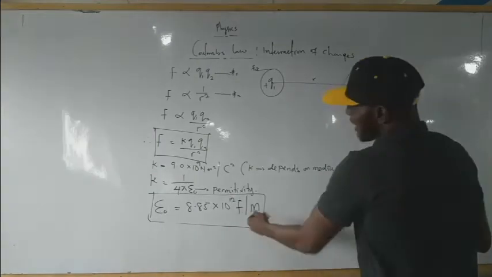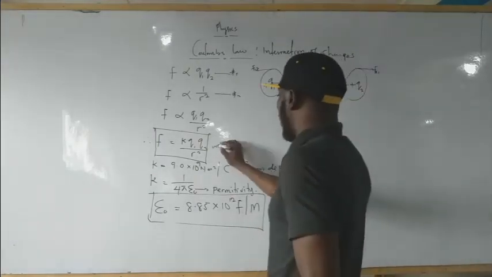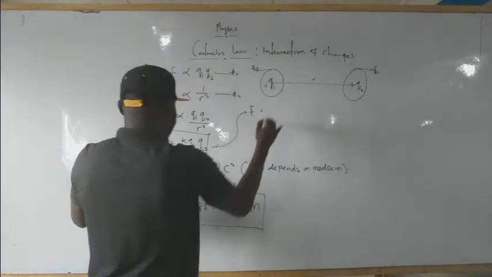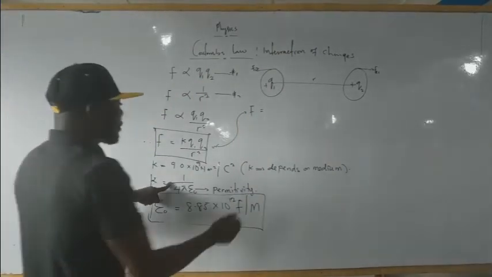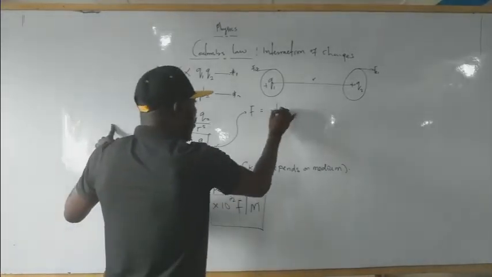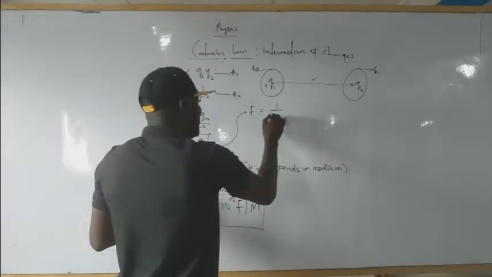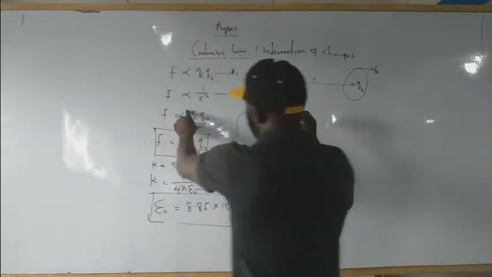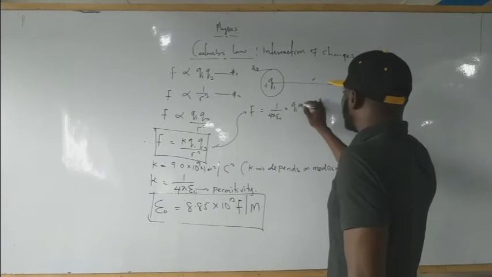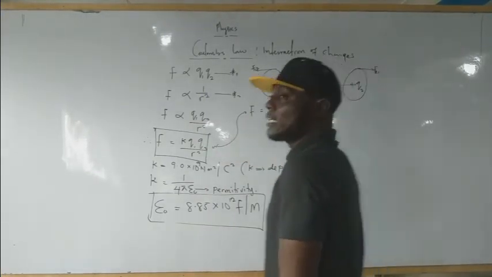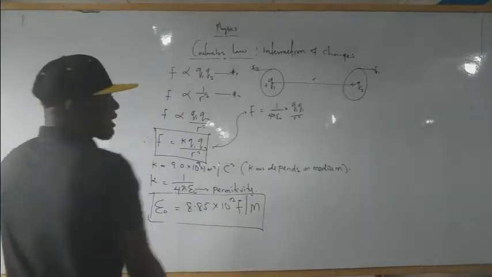Okay, so from here now, F equals K, so substitute in the value of K, so we can have 1 over 4 pi permittivity times the product of the two charges, Q1 Q2, everything over R squared, the square of their distance apart.